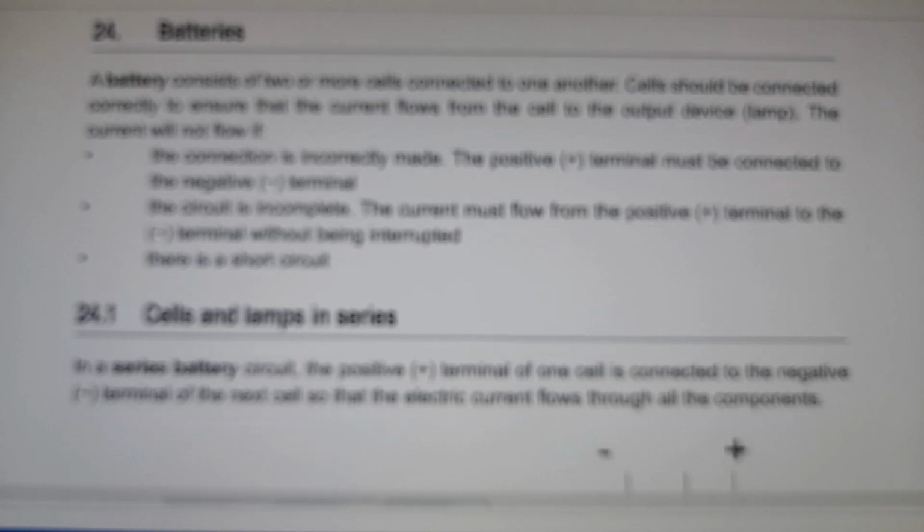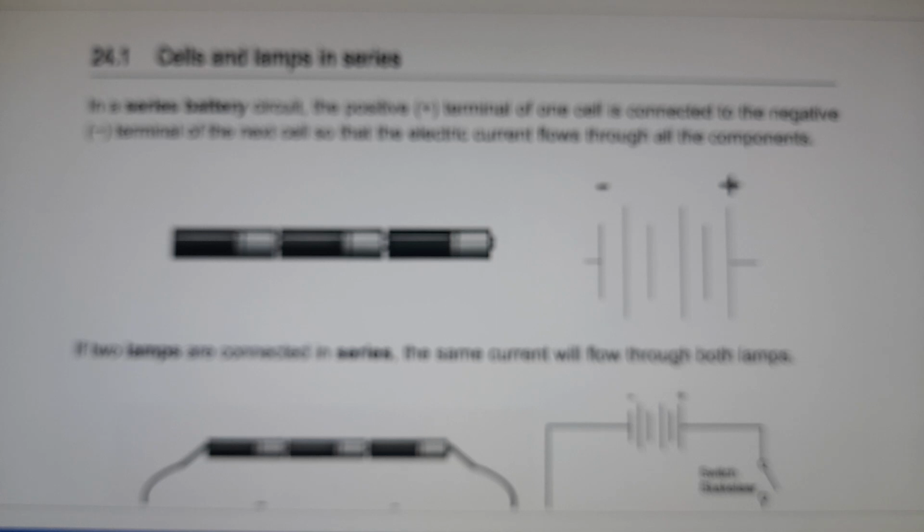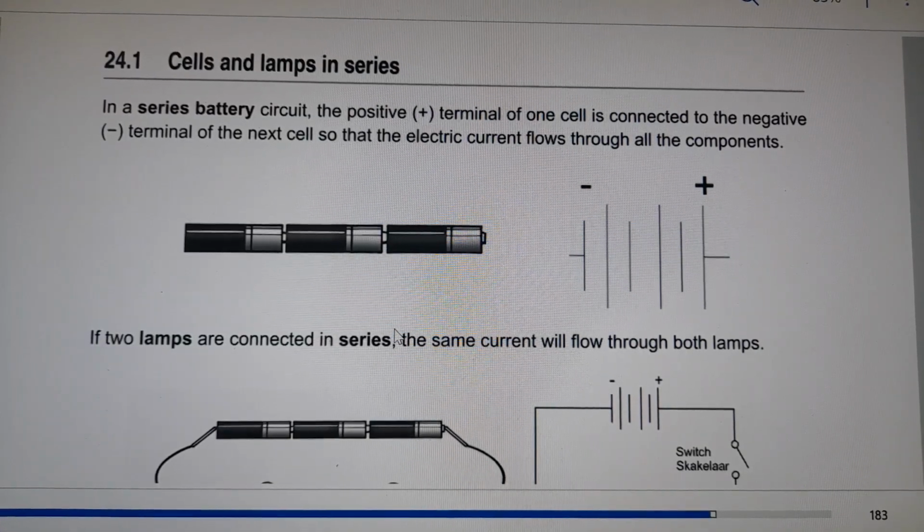Now we look at cells and lamps in series, or light bulbs in series. We have already dealt with this in Natural Science.